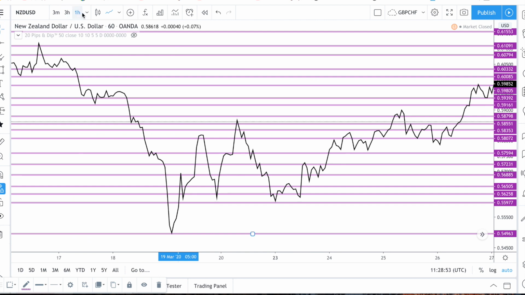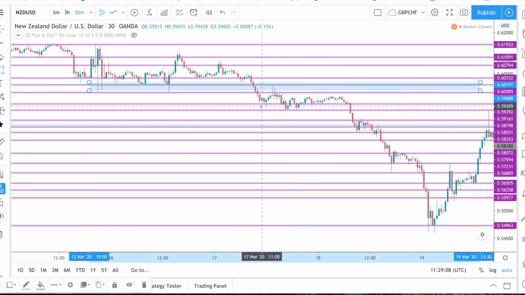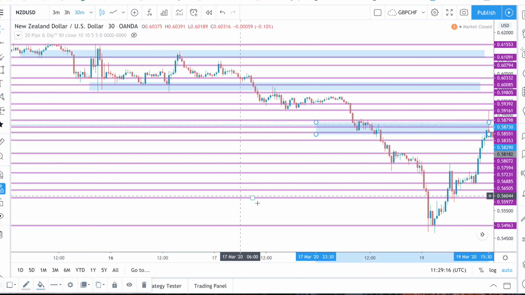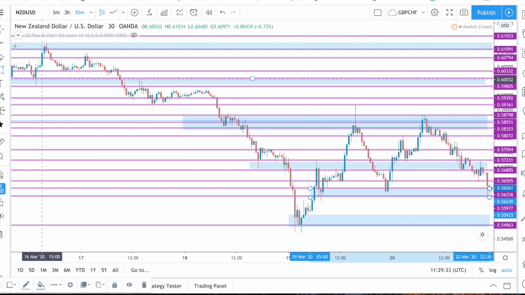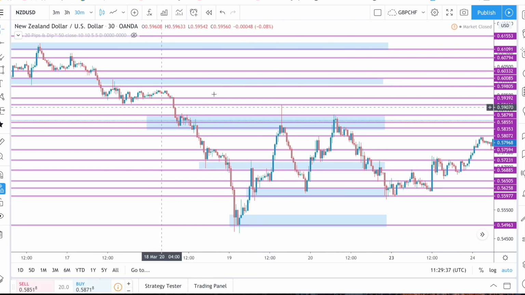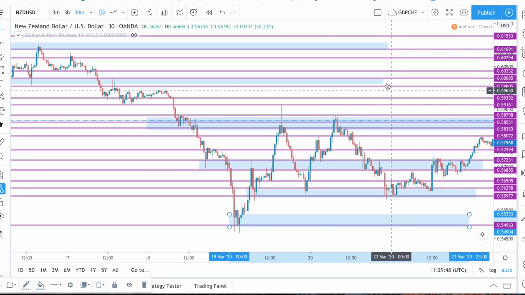You can go into your 30-minute, identify some quick zones. So literally, just from the zones we identified in the past, let's see how it affects the future. You could notice the market pulls to those zones, reacts off those zones.